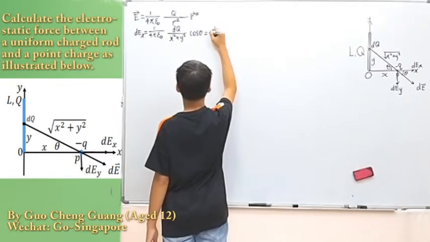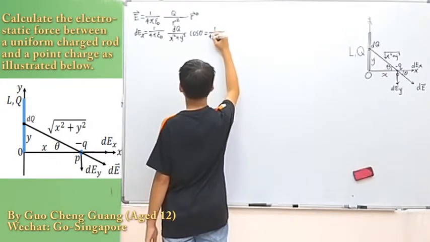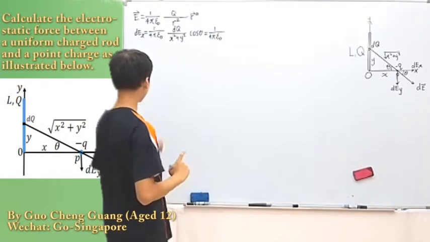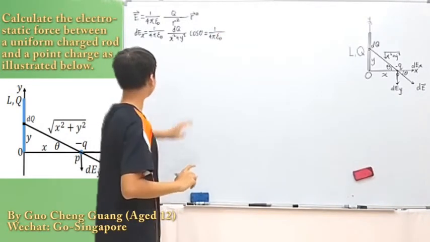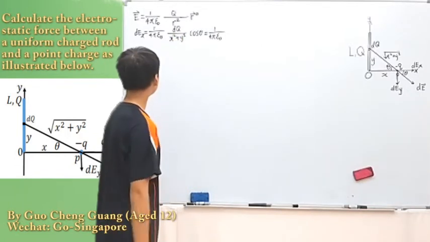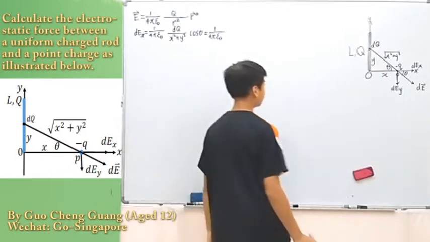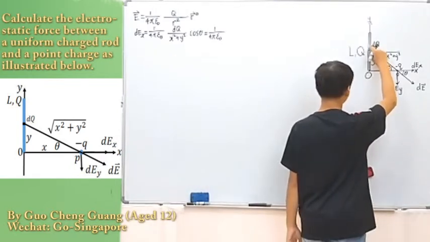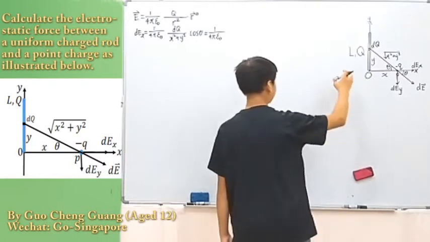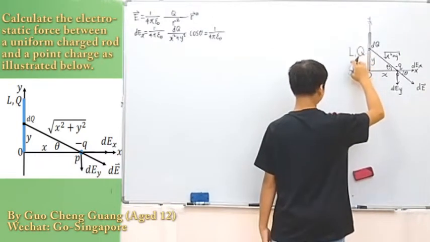Then this is equal to, the constant remains the same. In this part, there are two parts that will be changing. First of all is the dQ, which is one small charge in this part. I'm going to split it out into Q over L.